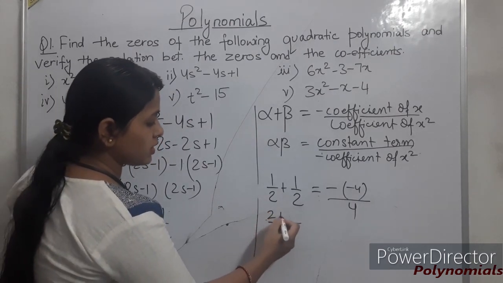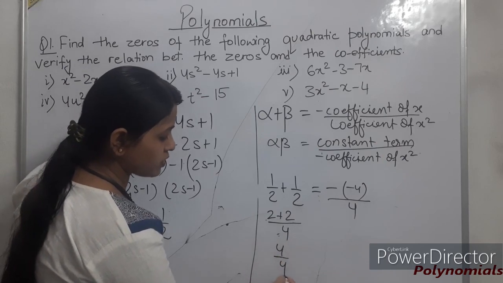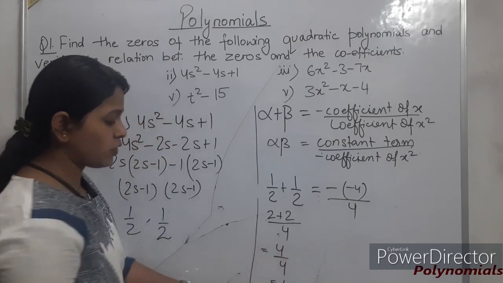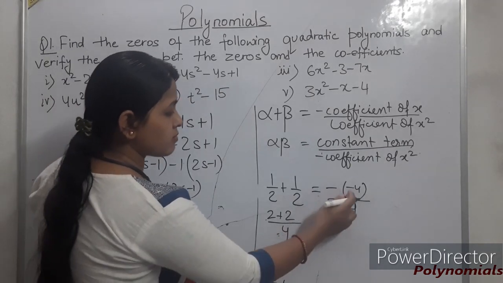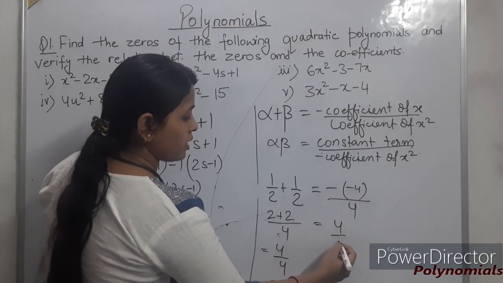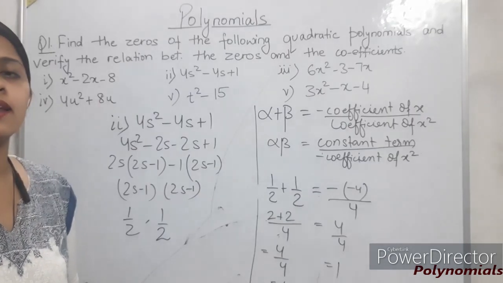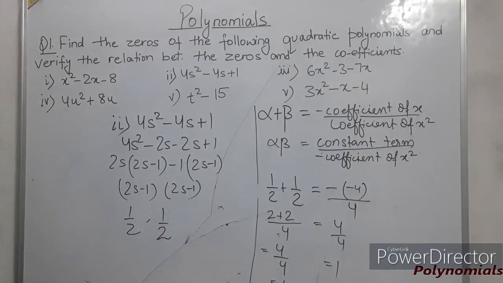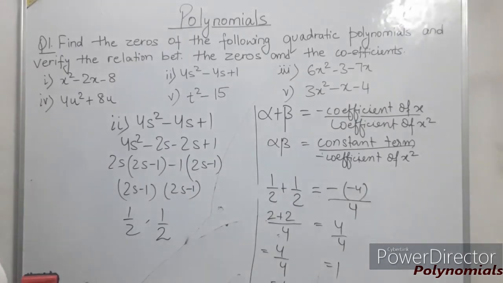And in the numerator we can write it like 2 plus 2. So this is equal to 4 by 4, which is equal to 1. Okay, in LHS we get 1. See what we will get in RHS, minus minus plus 4 divided by 4, which is equal to 1. Again the LHS and RHS are the same. Okay, so we can say that the above relation is verified.